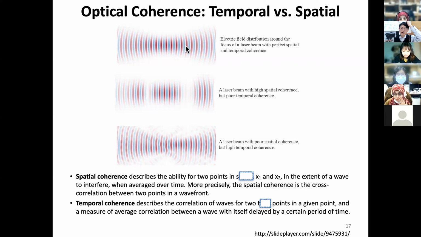So what do I mean by spatial and temporal coherence? Looking through this, you see that along the X or Z axis, there's a nice phase relationship. That is, the laser is propagating. So this is temporal coherence. However, looking at this part, it is kind of missing now. This part is dimmer and missing.